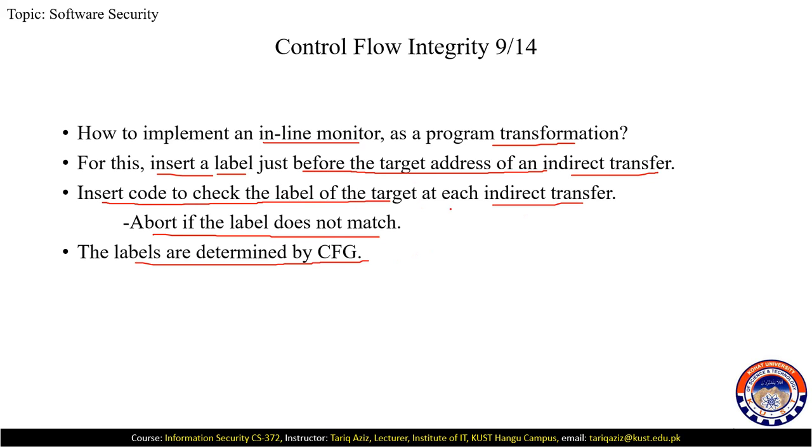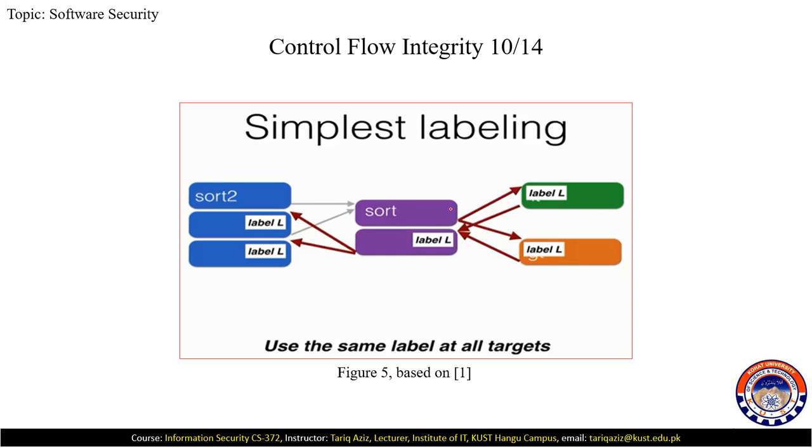So let me explain this phenomenon with the help of a diagram here. What we did here, we mentioned the label now at the returning point and the indirect calls.